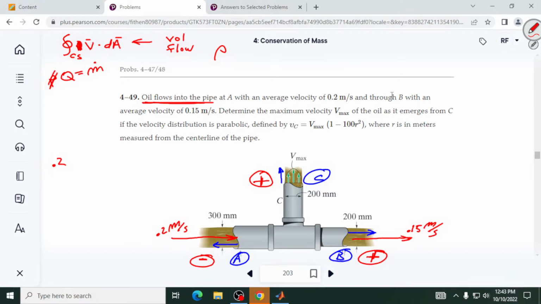So 0.2, I'm going to convert these to meters, times pi 0.3 squared over 4. And since that is that way, it becomes a minus, plus, this is the velocity over here, 0.15 times pi times 0.2 squared over 4.